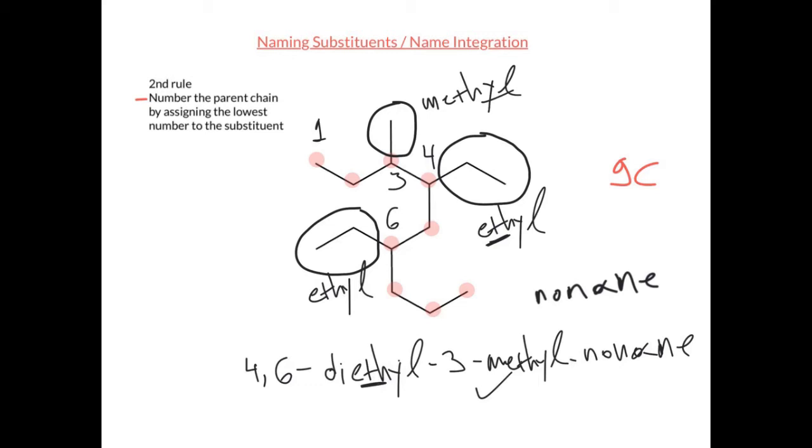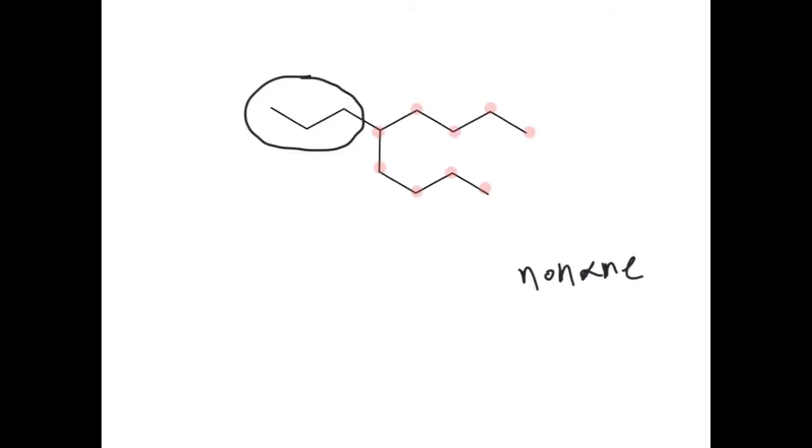Let's see the second example, which is easier. In that case, we see that we only have 1 substituent, and if I start numbering from the bottom, we see that we have this substituent in number 5, while if I start from the top, we see that we have the substituent also in number 5.